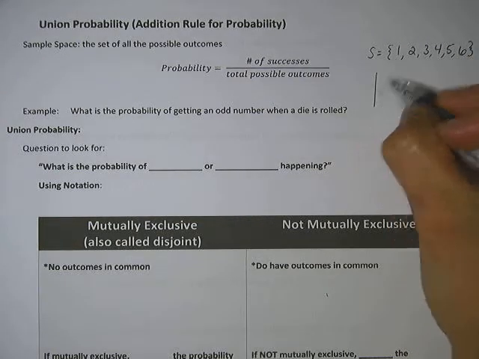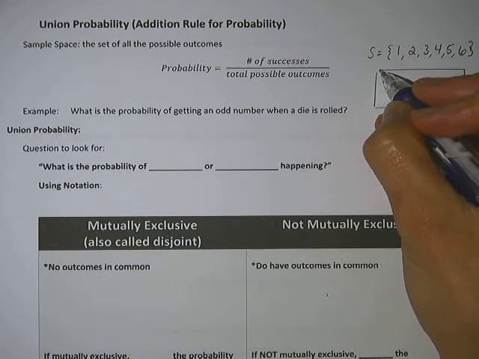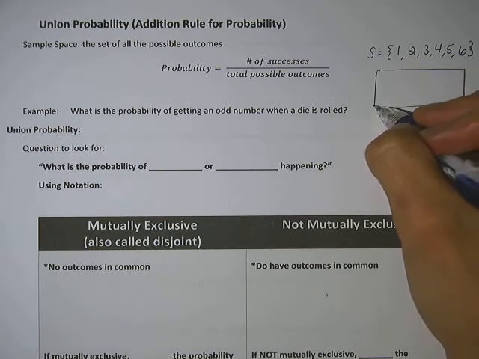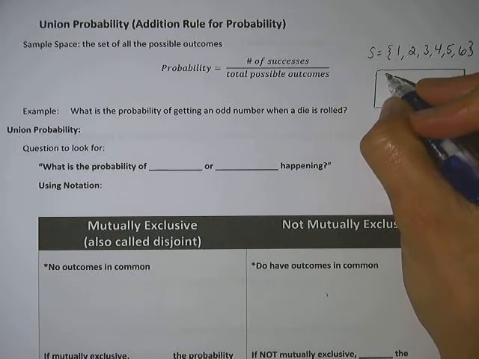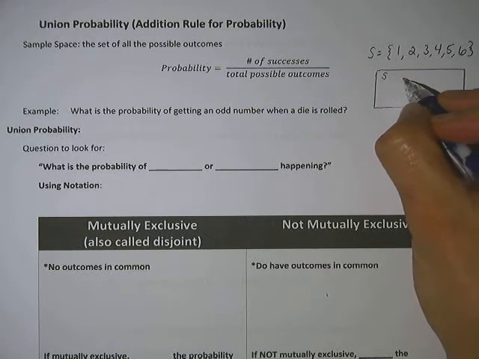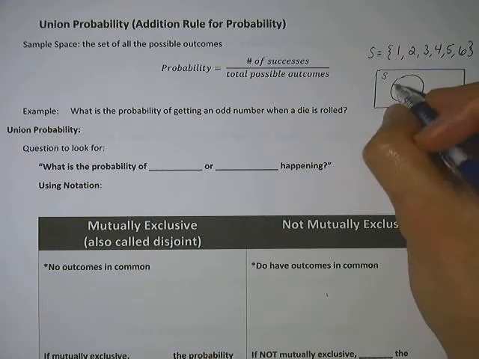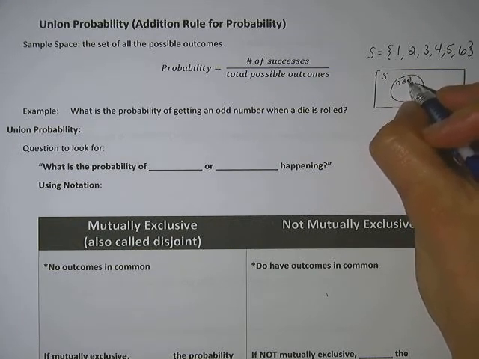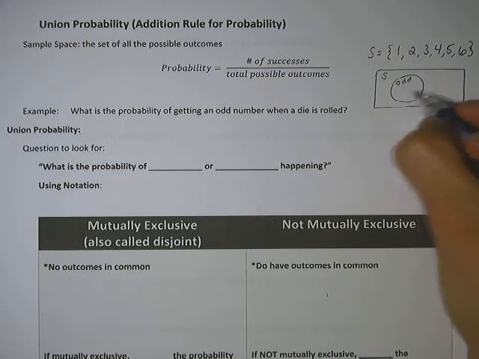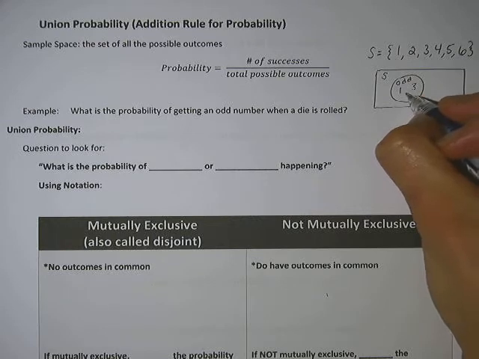Another way is to think of it as a Venn diagram. Remember, the universal set is all of the possible things that could happen, so that's like your sample space. Then a smaller set within that could be your odd numbers, and we would put all the odd numbers here, which were 1, 3, and 5.